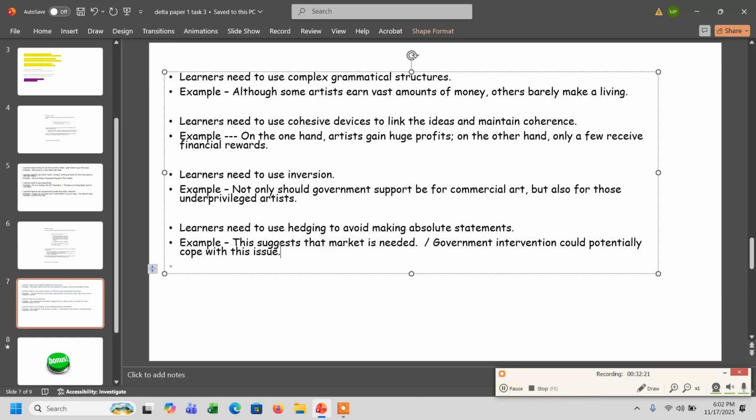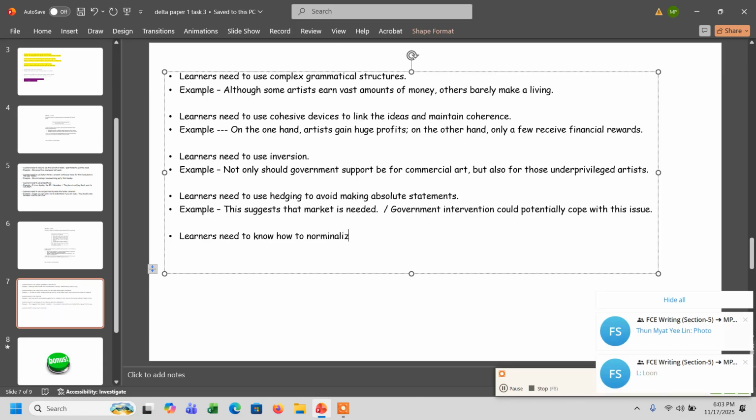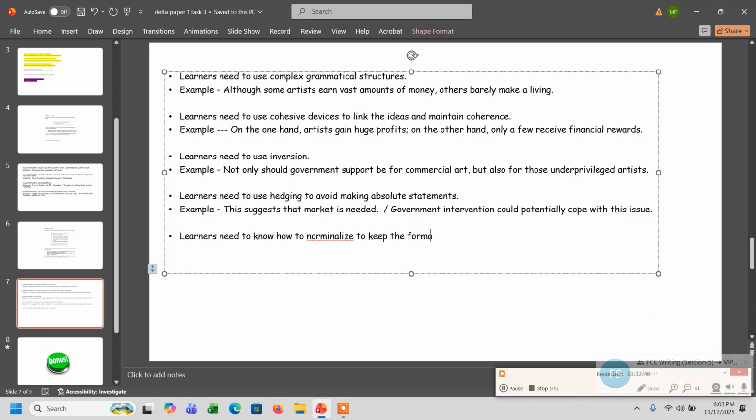And in essays we also use nominalization, right? So learners need to know how to nominalize to keep the formal and academic tone.